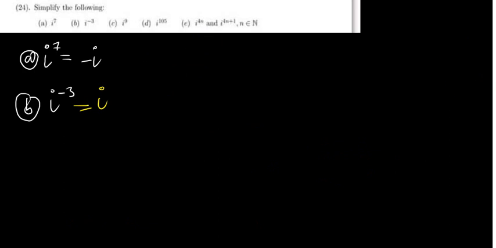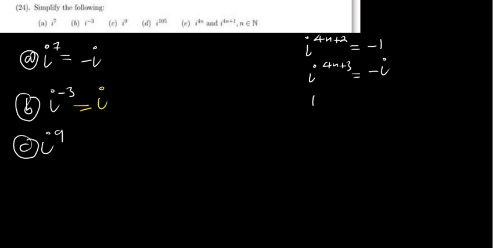Now we can look at C, which is i to the power 9. Now, which one are we going to use? The equations we need to know are that i to the power 4n plus 2 is equal to negative 1. We've already derived this. i to the power 4n plus 3 is equal to negative i.